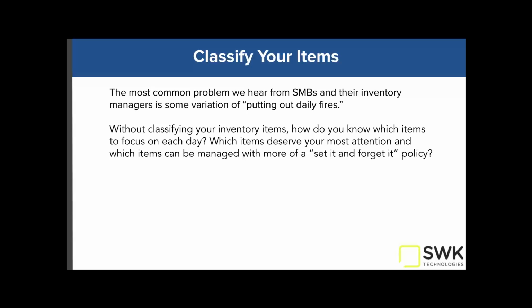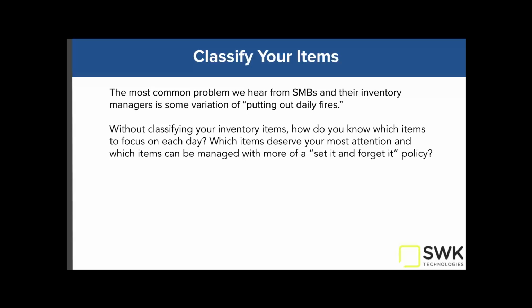And so we would say that part of the solution to that is to be able to focus your time and energy on the items which are most important, right? How do I know which items mean the most to my company in terms of availability, profitability, movement, and so forth? Where do I need to spend my time and energy? Which items deserve the most attention? Which can be kind of set aside in a set it and forget it policy, right?